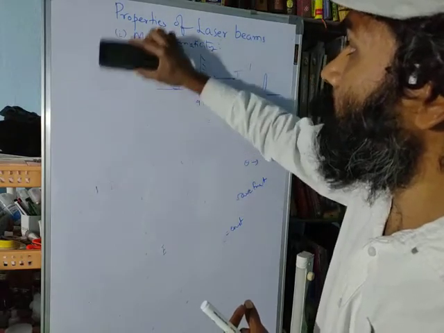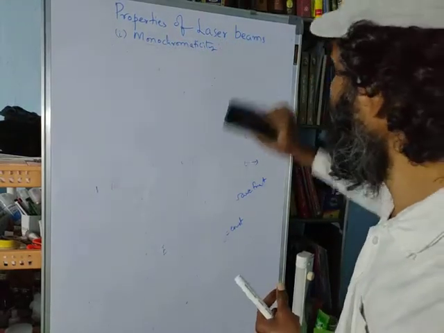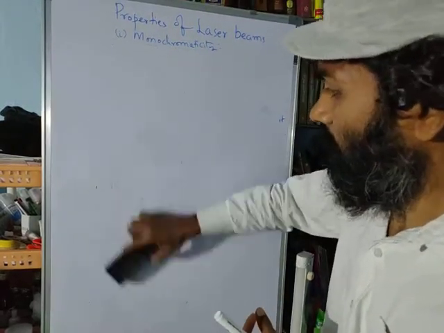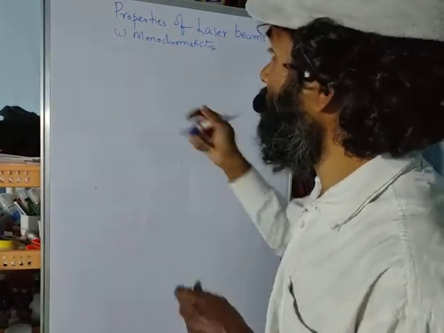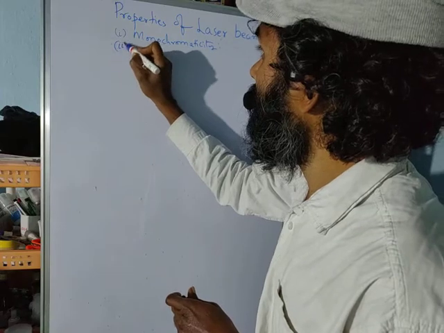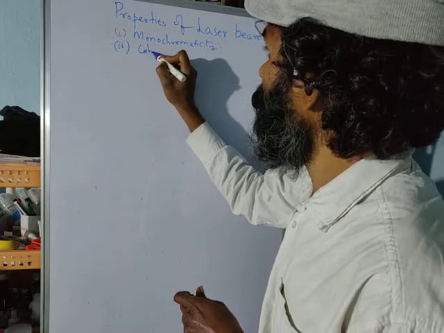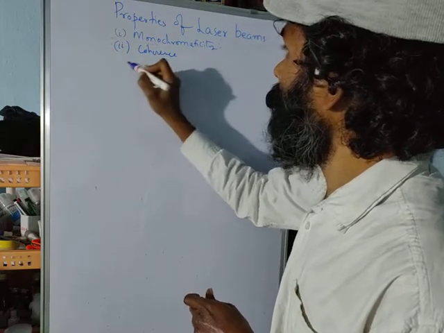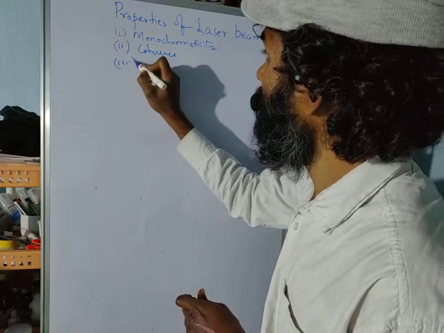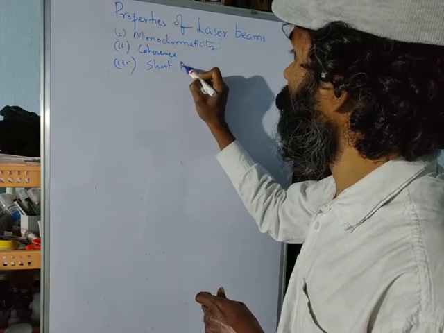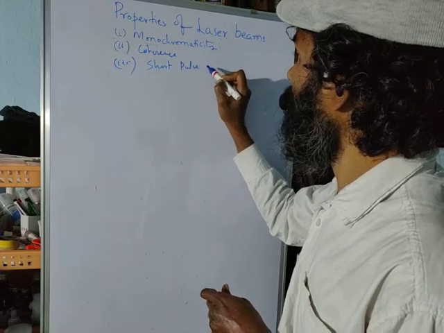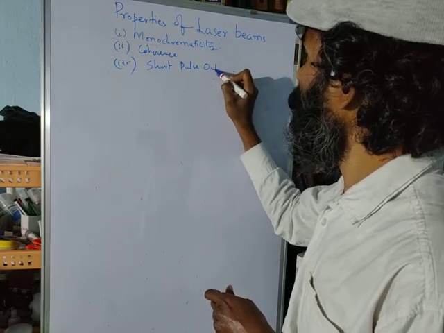We discussed monochromaticity of the laser beams, and we discussed coherence of the laser beams. And the third thing is the short pulse nature of the laser beams, short pulse output.